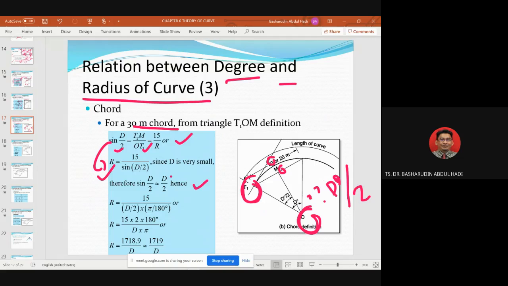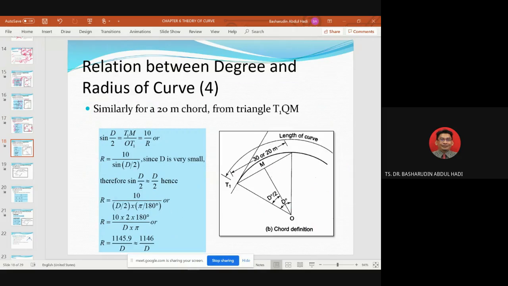Hence, the radius R equals 50 divided by D over 2 times pi over 180 degrees, or R is 50 times 2 times 180 divided by D times pi, or R equals 1718.9 divided by D, or 1719 divided by D. So this is the relationship between degree and radius of curve.